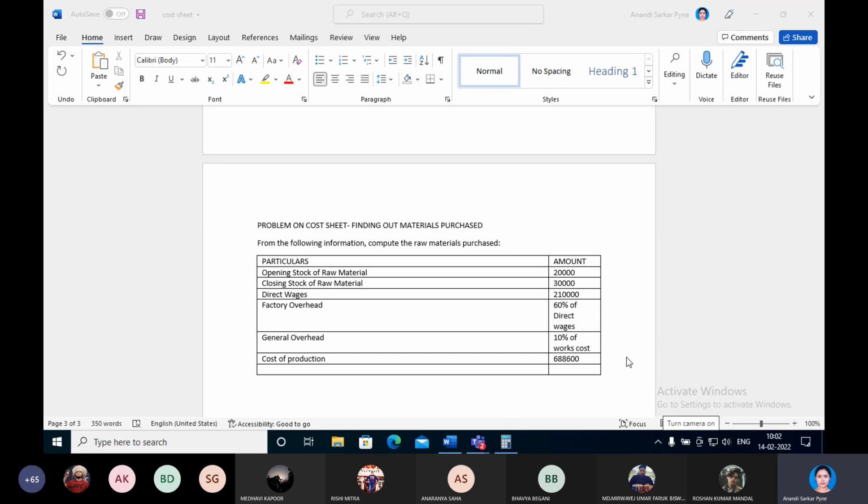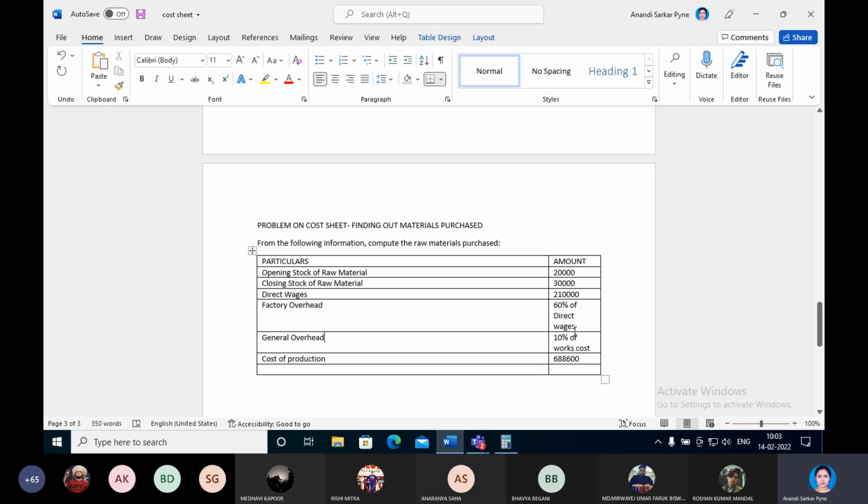We will start off with cost of production, which is basically cost of sales, because no selling related expenses have been mentioned over here. So cost of sales will be 6,88,600. Now we used to add to come to this position, so now we need to deduct. We are doing the back calculation. So cost of production 6,88,600 less general overhead. General overhead means administrative overhead, to make things simpler, and it is mentioned that general overhead is 10% of works cost.